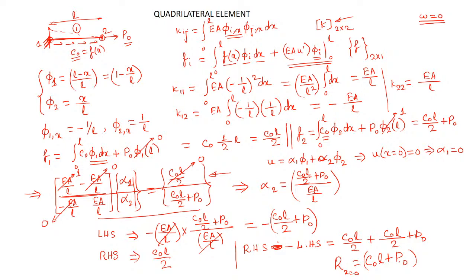So you cannot put this back and say right hand side equal to left hand side for those equations. Rather, if you take right hand side minus left hand side, you will basically get the reaction forces. That is what you need to understand.